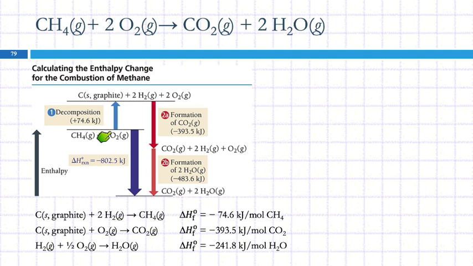Or we can think of it this way: starting with our reactants, methane and oxygen, we're going to decompose them into their elements, so carbon and 2 H2s. The oxygen was already an element in its standard state. Then we're going to make one of the products, the CO2, and then the other product, 2 moles of water.